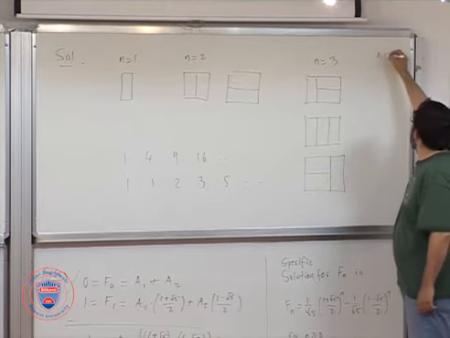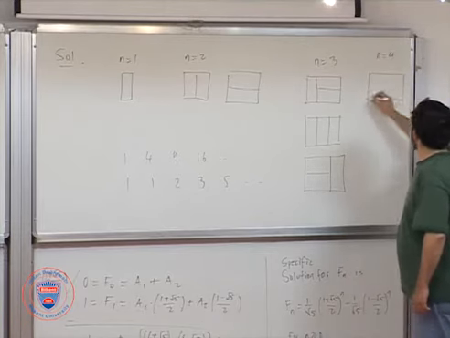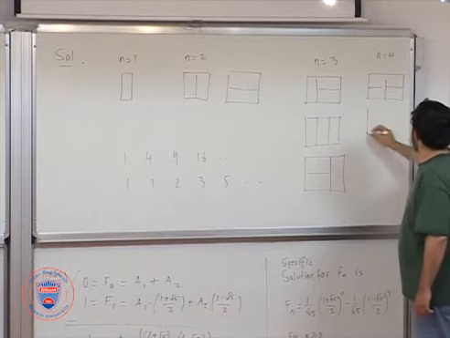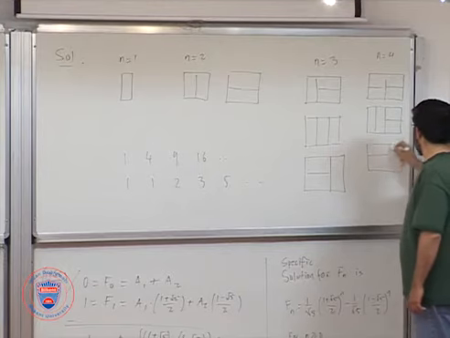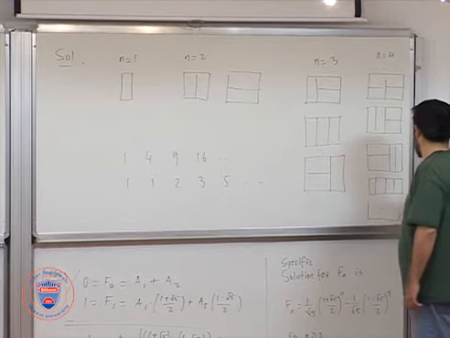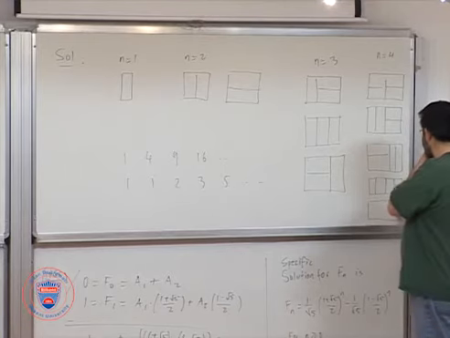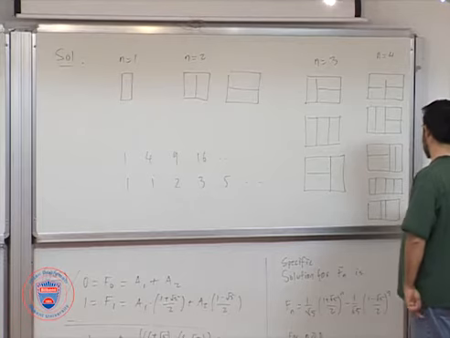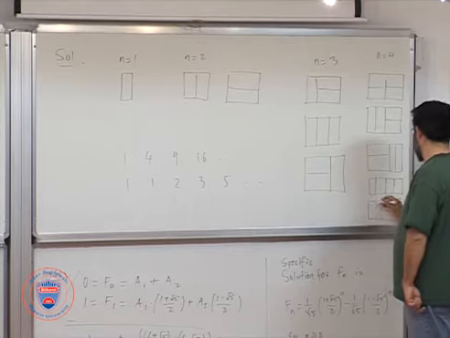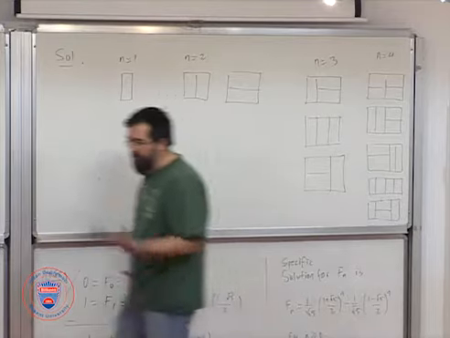For n equals 4, how many did we get? So we have 5 choices.